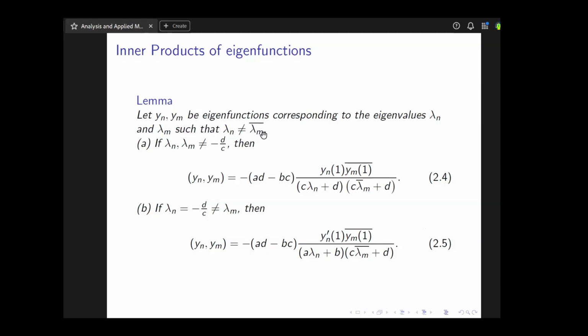Both of them cannot be, because we assume that lambda and lambda_n are different. So in all the lemmas and formulas that you will see in the following slides, we need to consider several cases. This was not the case in the previous problem. This is the difficulty of this problem: several cases need to be considered in each lemma or each formula.